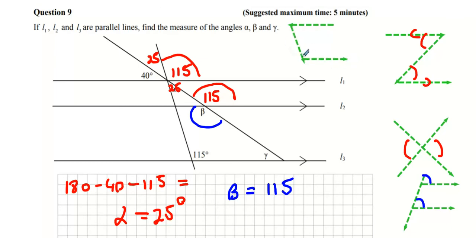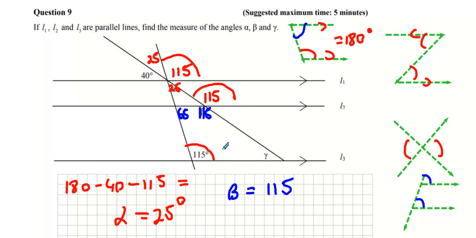The sum for 2 interior angles means that the blue angle plus the red angle has to equal 180 degrees. So if this is the red angle, this one here has to be the blue angle, and that will be 65. This one's 115.